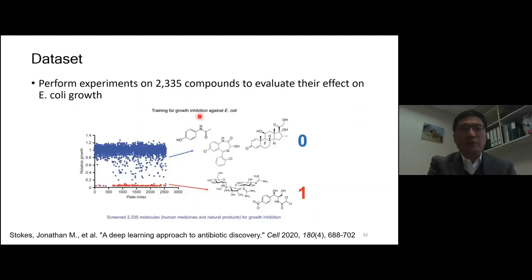So we train on the growth inhibition against this E. coli, and we use different colors to represent the relative growth of the bacteria. So the higher the number, that means the growth of the bacteria. The red represents certain compounds can inhibit the growth of bacteria. In other words, it could be the potential antibiotics.